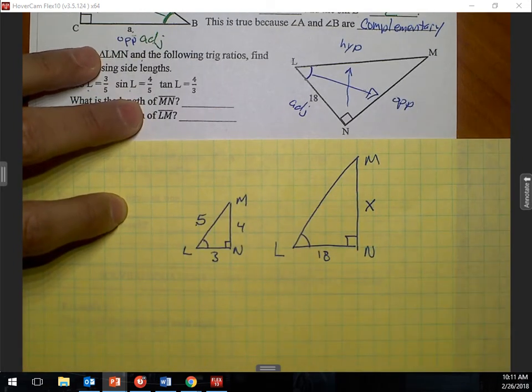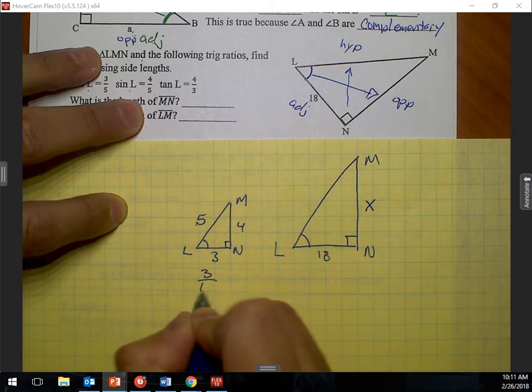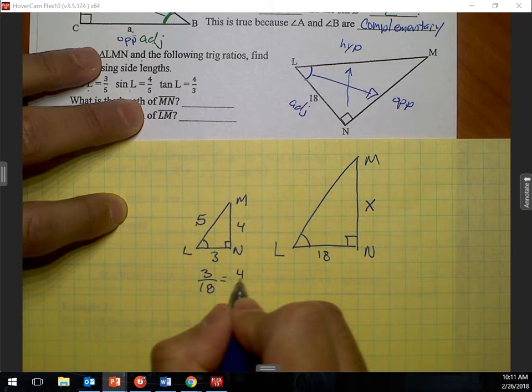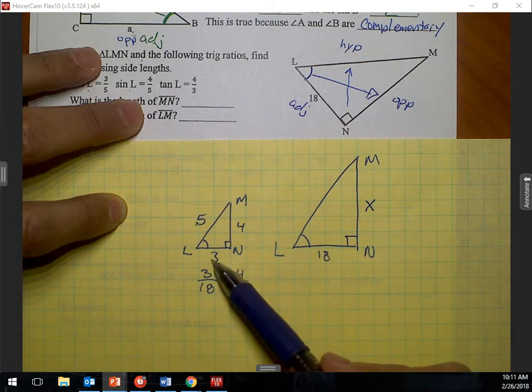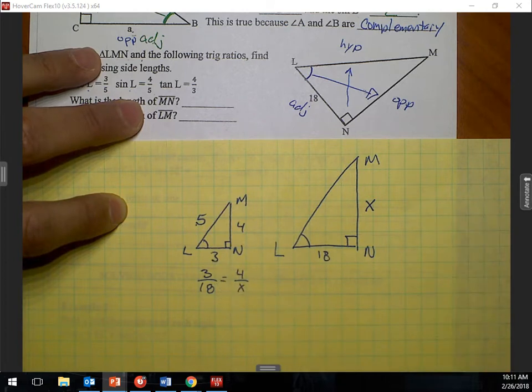How would I set up the cross products? 3 over 18 over 3 over 18, very good. And 4 over x. Does that make sense? Okay. If you would have done 18 over 3, you would have had x over 4 as your second part, right? Let's do that cross products.